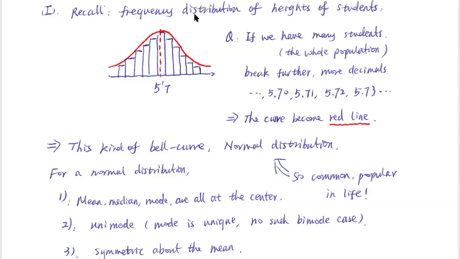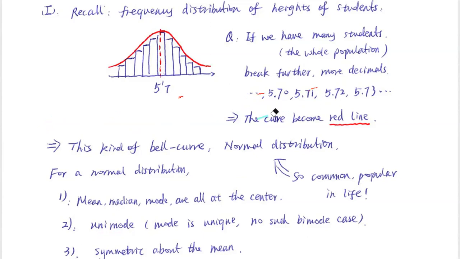We are not going to study those bi-modal or tri-modal cases. Remember those wavy forms? In that case you may see several data points happening equally often. We are not going to study those cases, so we will study only the unimodal. Is that clear?